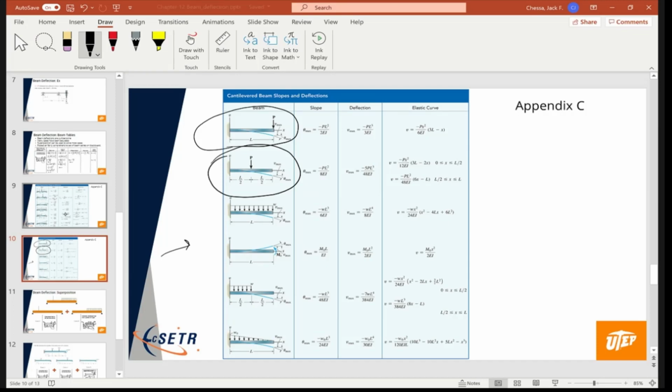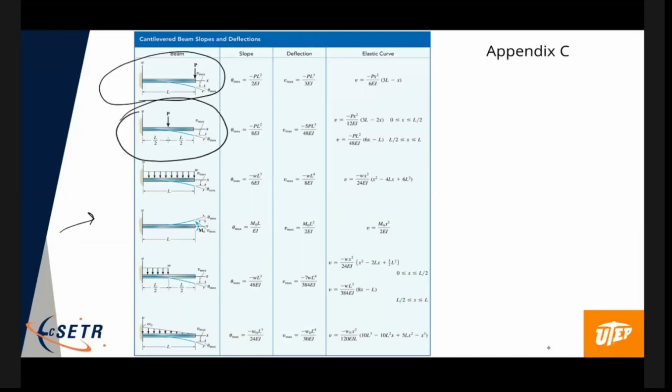So we can superimpose those two cases together and get our answer, right? So, okay, fine. So let's do it. The other thing is, the fact that it's fixed on the left side in the beam tables versus fixed on the right doesn't really change things too much. But sometimes you might have to recognize that the rotations might flip sign, or the loads might flip sign. Okay.